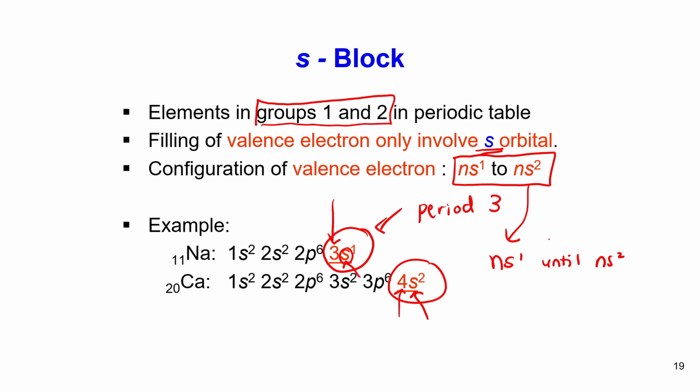The 1 represents the group number, meaning group 1, and ns2 means group 2. So remember, block S refers to elements in group 1 and group 2.